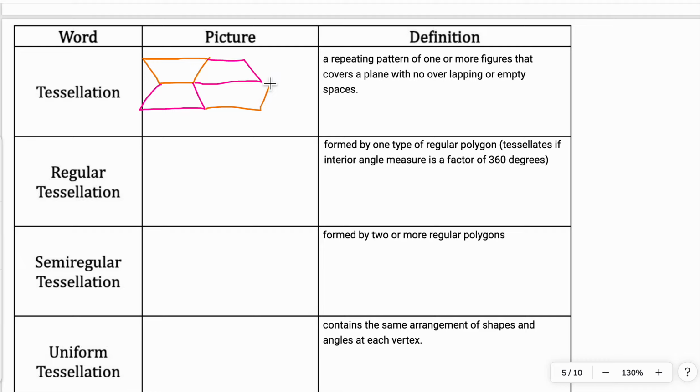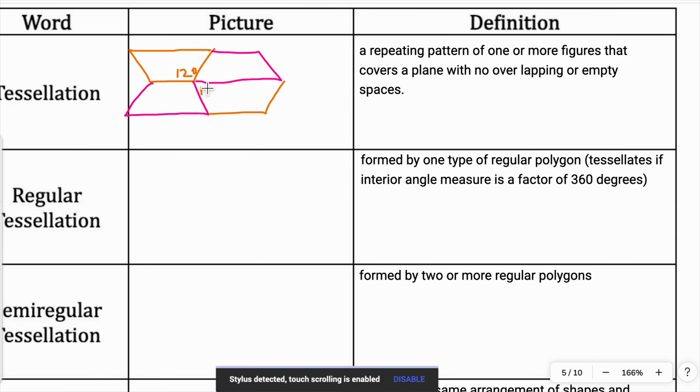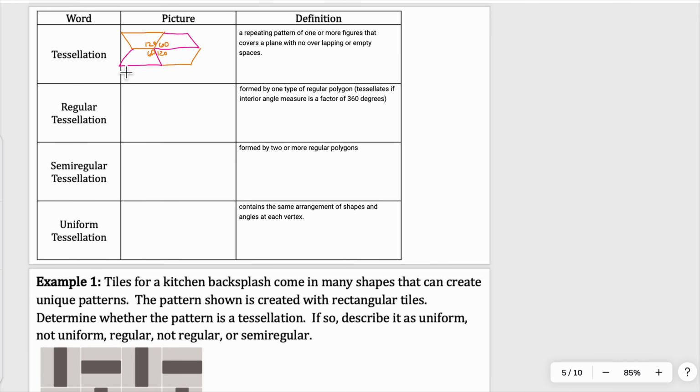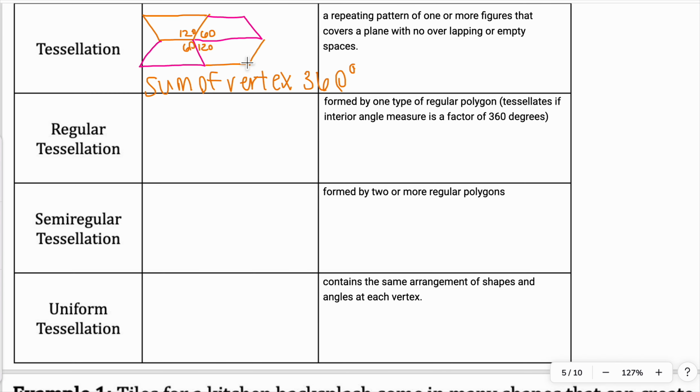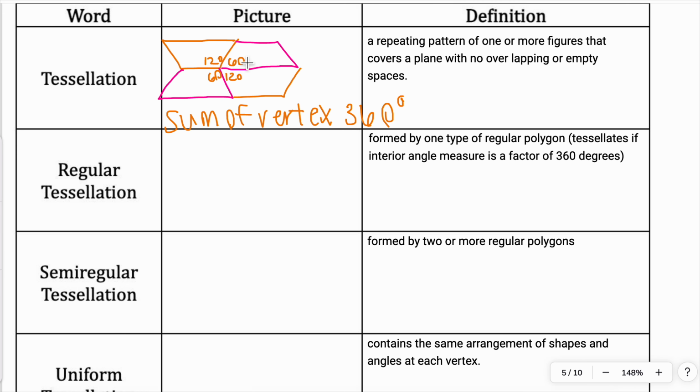So for example, these two corners could be 120 degrees, or these two corners could be 60 degrees. And the sum of that vertex is 360. How we did this is we used some transformations, so it looks like we can translate, and we can also do a reflection here.